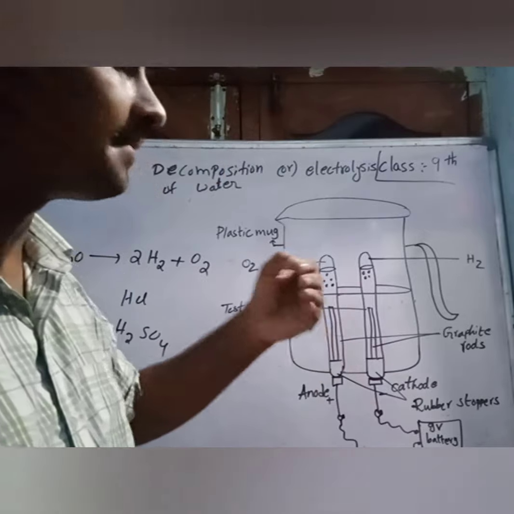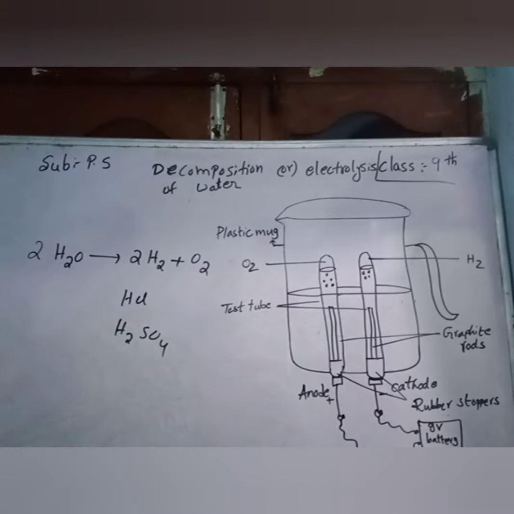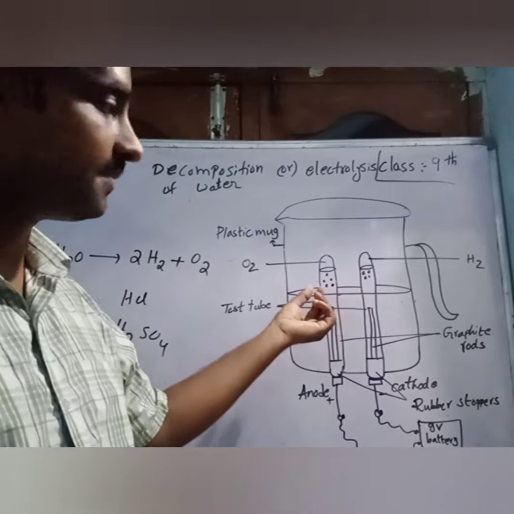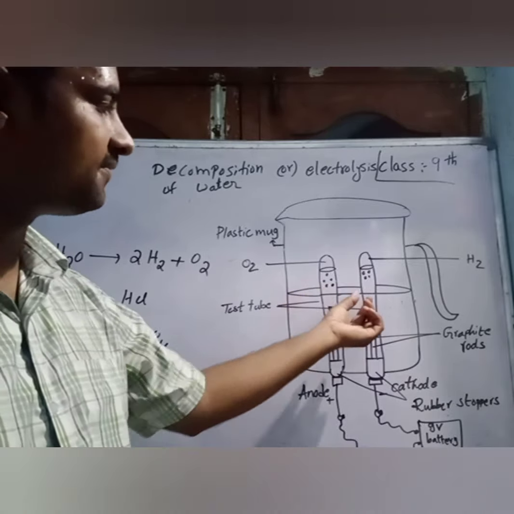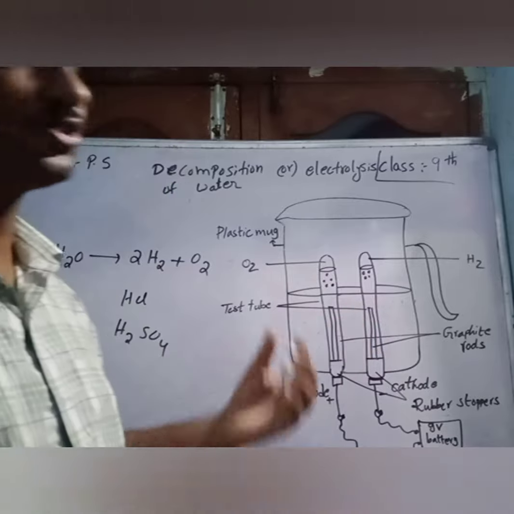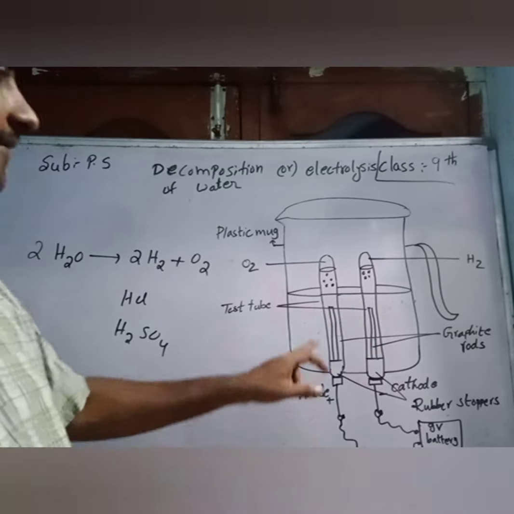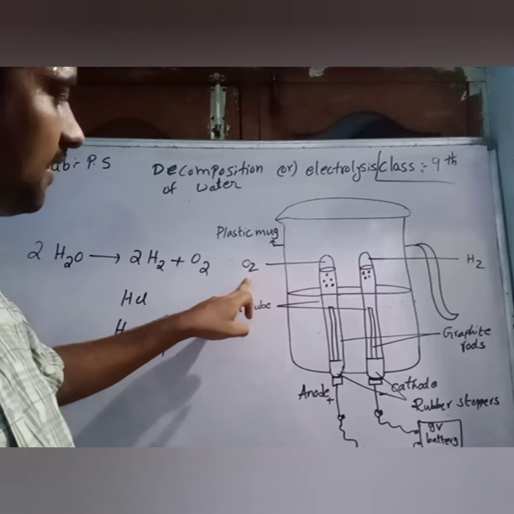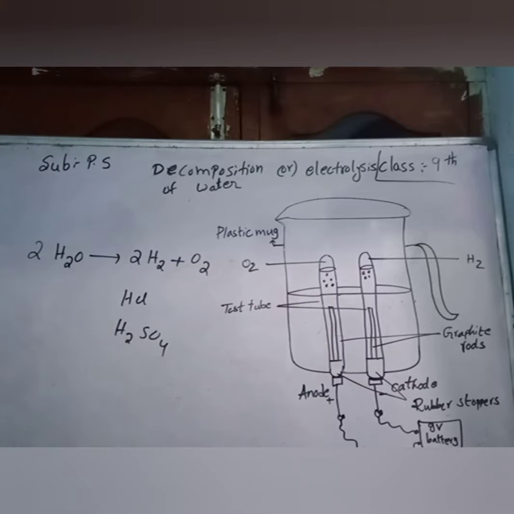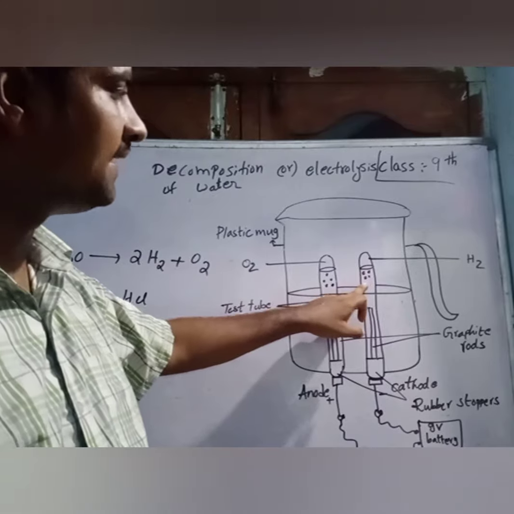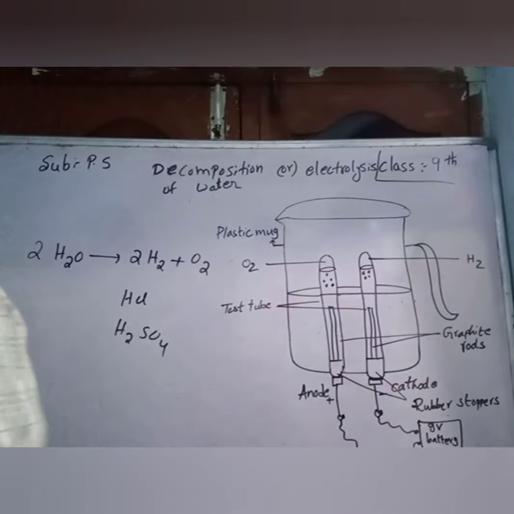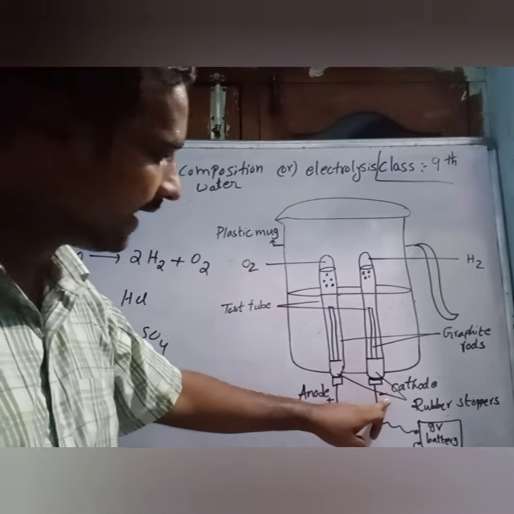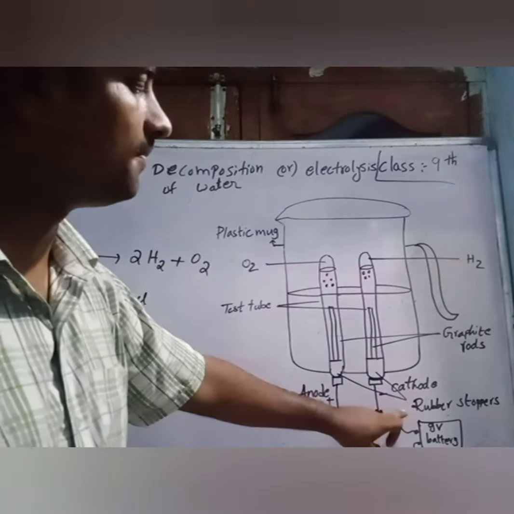Then after some time, after 5 minutes or 10 minutes, gas bubbles are formed in both test tubes. In the first test tube at the anode, the bubbles indicate oxygen gas. In the second test tube, the bubbles indicate hydrogen gas. So at the anode, oxygen gas is formed. At the cathode, hydrogen gas is formed.